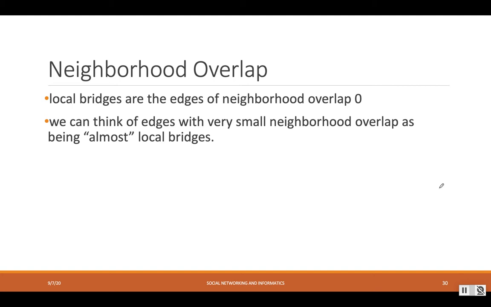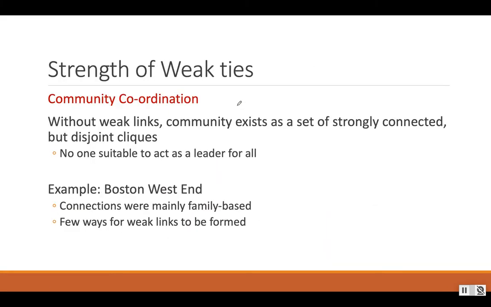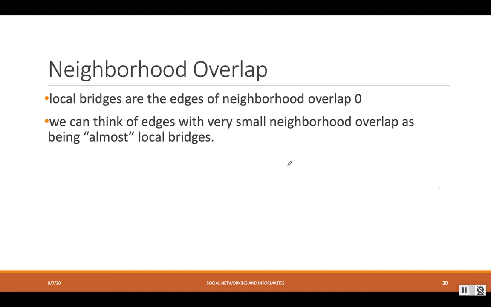Now if we look at local bridges, local bridges always have a neighborhood overlap of 0. You can find that all the local bridges will have a neighborhood overlap of 0. What it means is that if an edge is a local bridge, the two connecting endpoints will not have any common friend, any common neighbor.